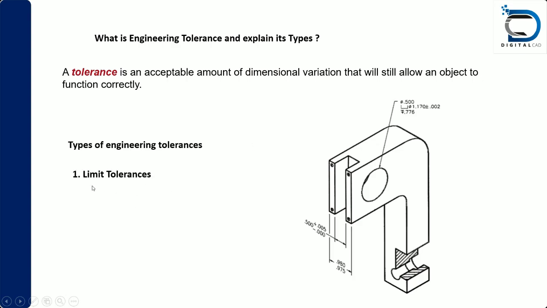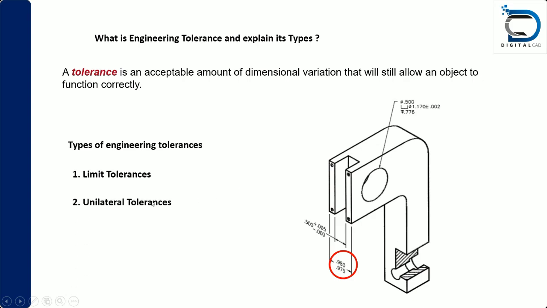The first tolerance is limit tolerance. What is limit tolerance? Here the upper limit and lower limit are given. There is no fixed dimension here, no single dimension, only the upper limit and lower limit. That is what we call a limit tolerance.